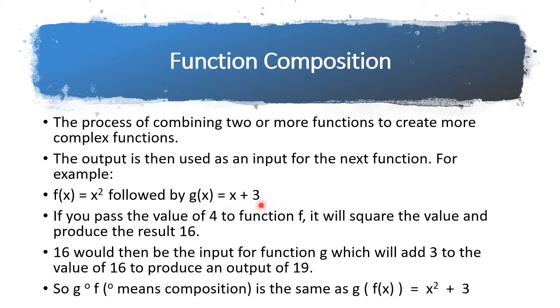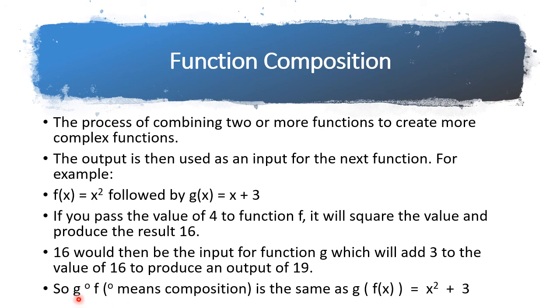If we pass the value of 4 into function f, we square it and get 16. The 16 is then put into our g function, which adds 3 to get 19.